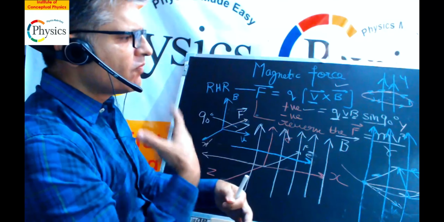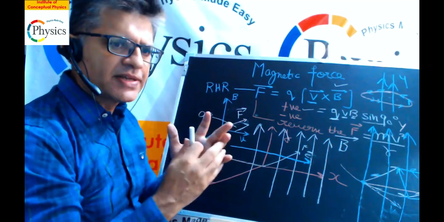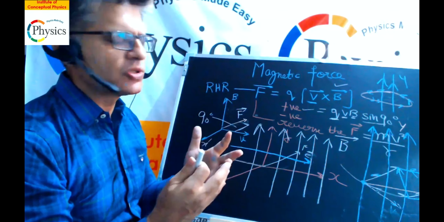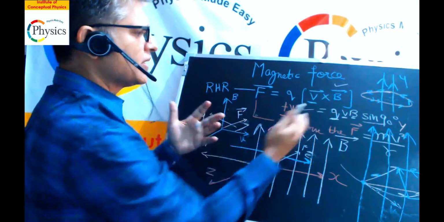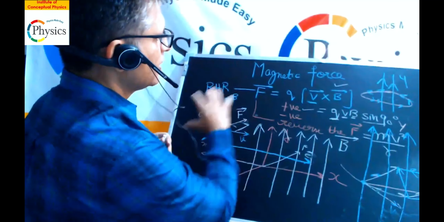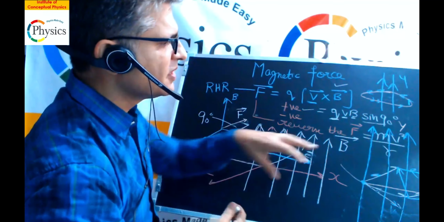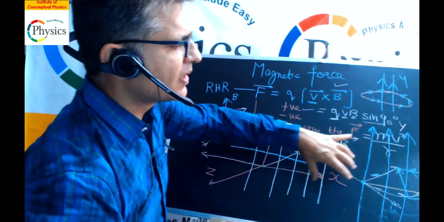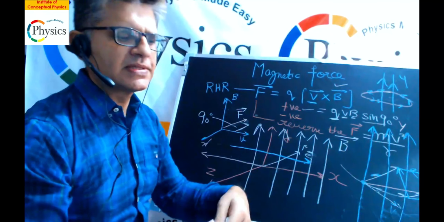When you're solving these problems, you must understand the sense of direction and the planes in which all of this is happening. This is not just about some QVB. You must have a very good sense of the direction and the planes involved. So you can see here the electron is moving in the xz plane counterclockwise, and the magnetic field is upwards.